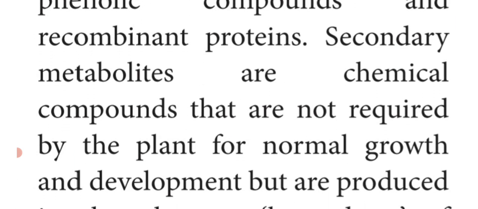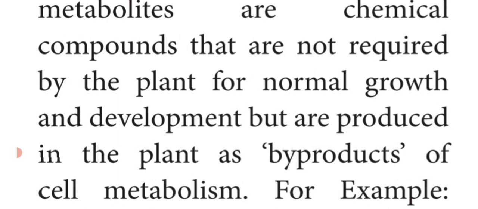Dear students, secondary metabolites are chemical compounds that are not required by the plant for normal growth and development, but are produced in the plant as a byproduct of cell metabolism. I told you, isn't it?